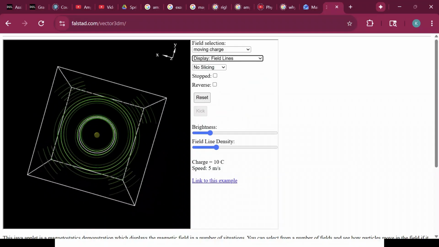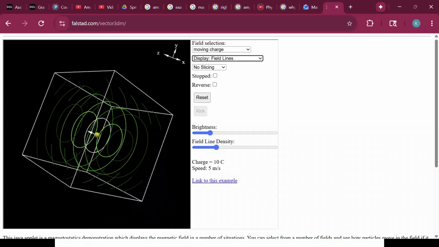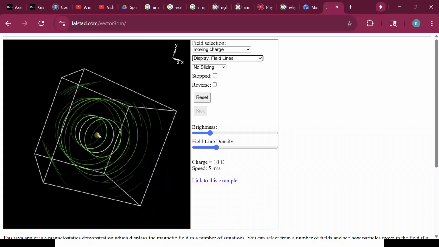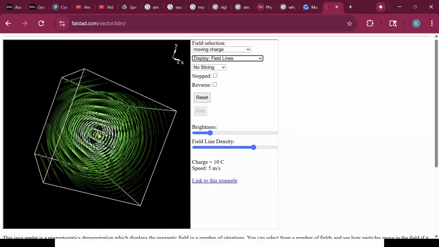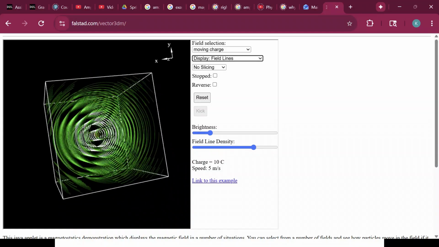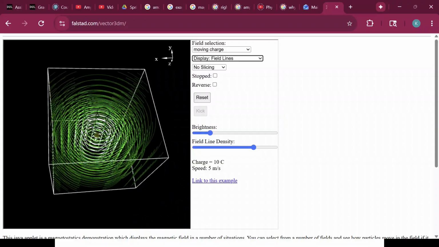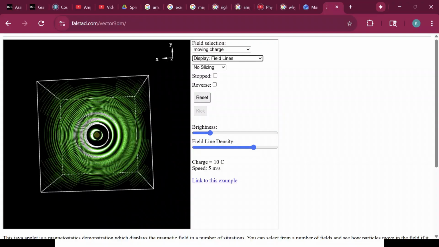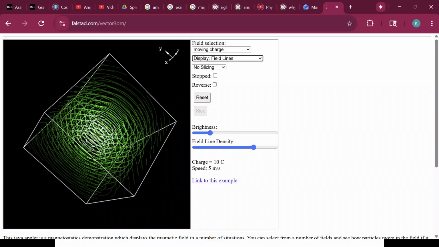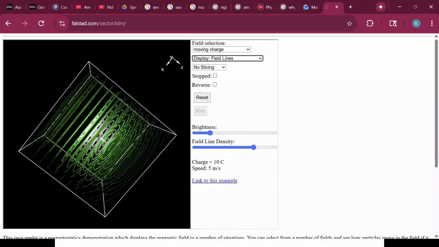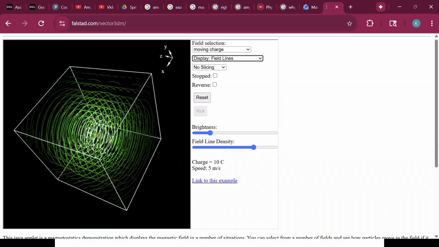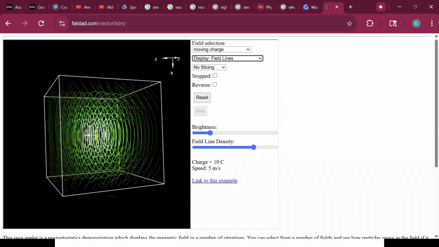But you can see that if I was to increase our field, I could draw lots and lots of field lines. Okay, so our magnetic field is creating loops. But what is true is along that central axis, there is absolutely no magnetic field along that central axis.